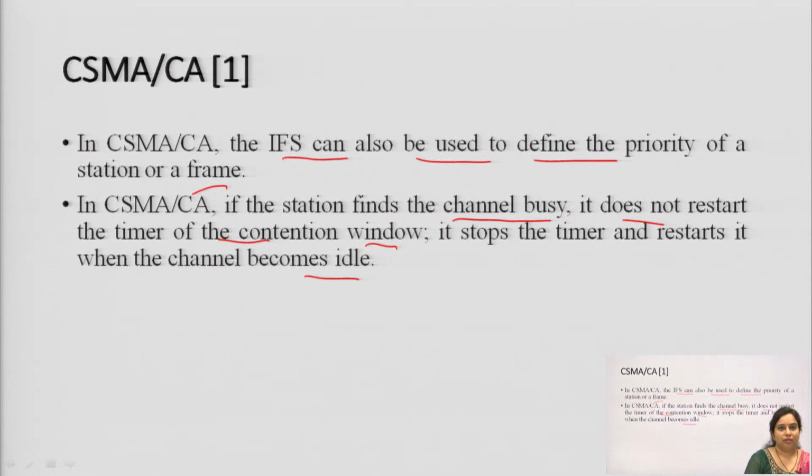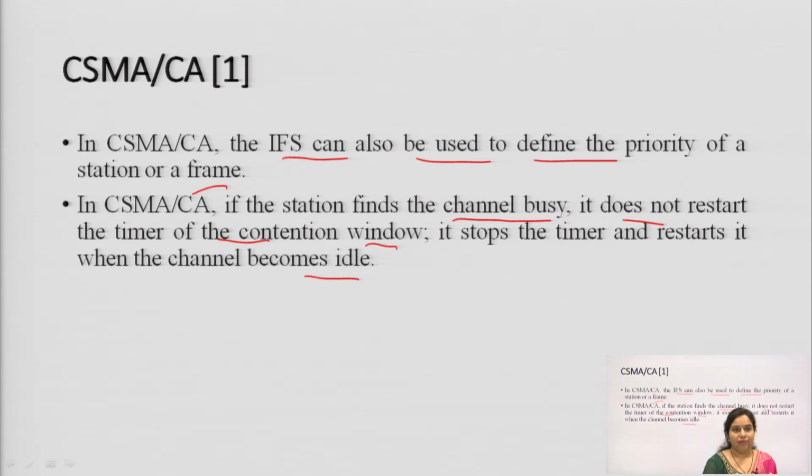Whenever a transmitter or any station wants to transmit data, it will continuously watch that particular channel. Then it will start the timer, waiting for that particular time interval before it checks again whether the channel is free or not.